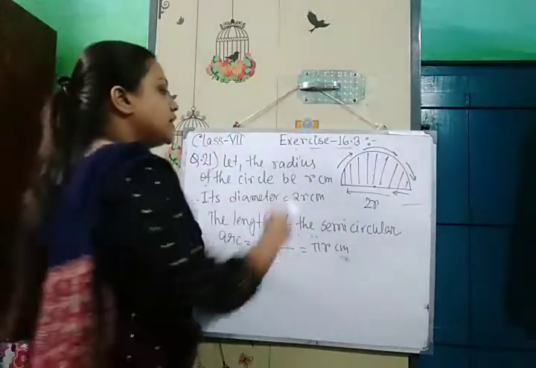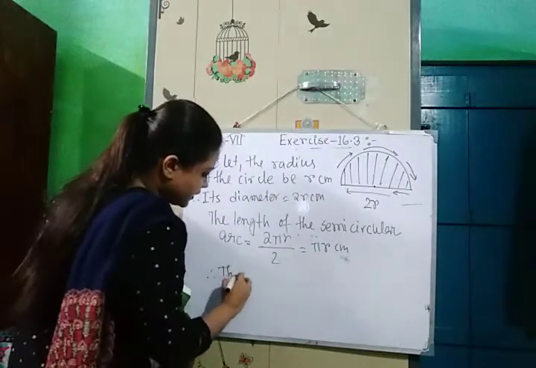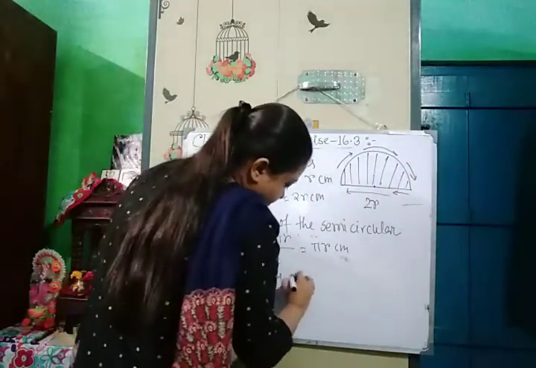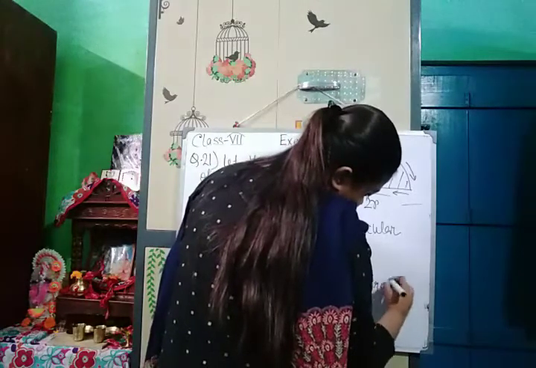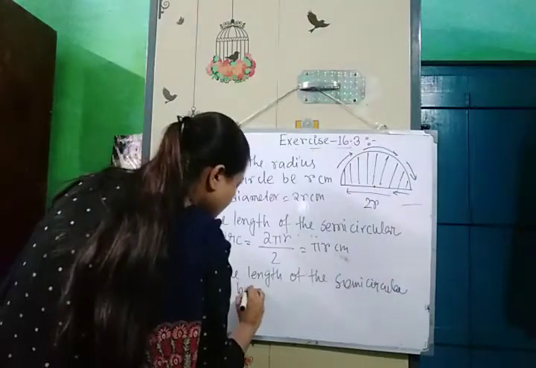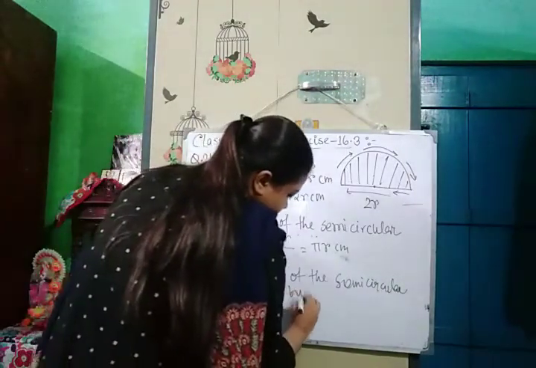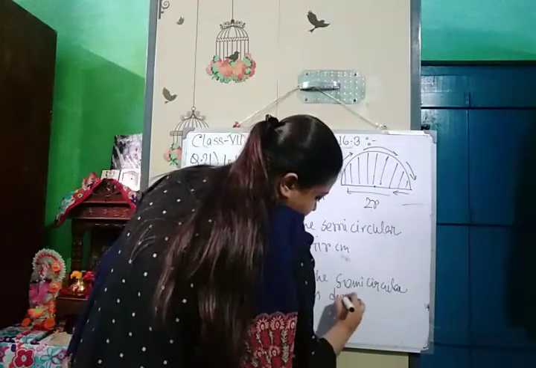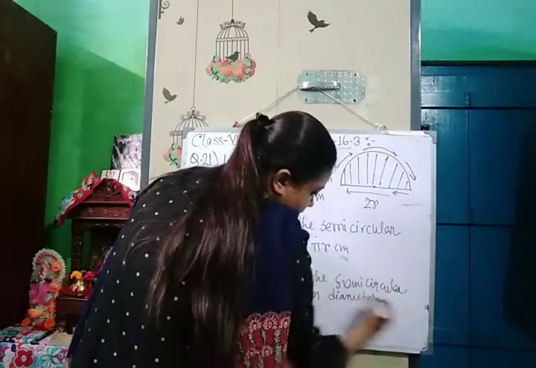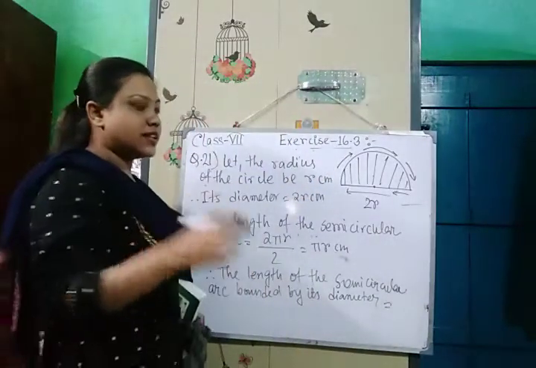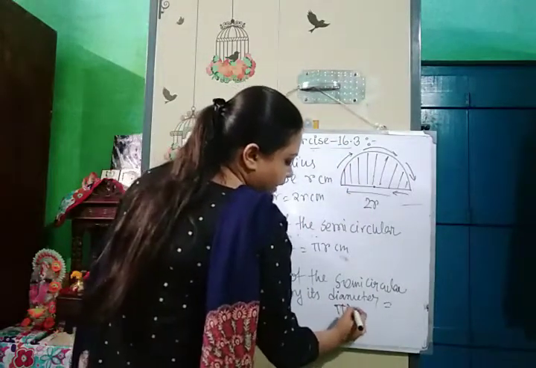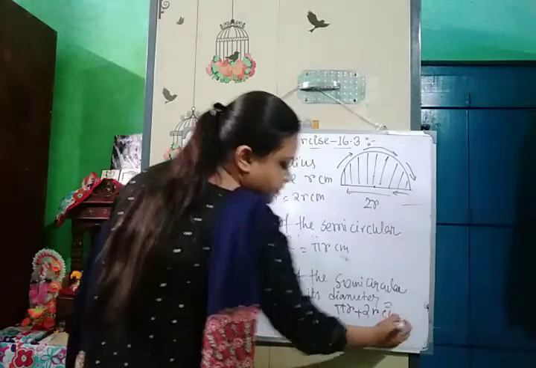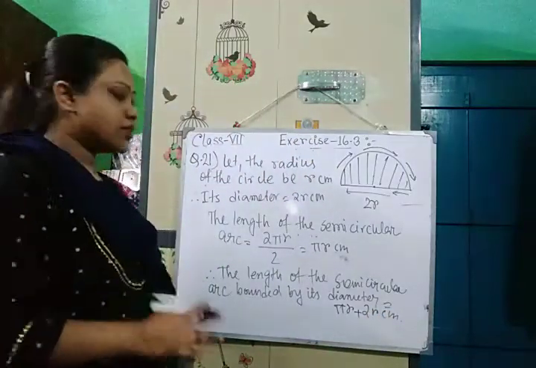Therefore, the length of the semicircular arc bounded by its diameter will be pi r plus 2r centimeter. So I hope this is clear.